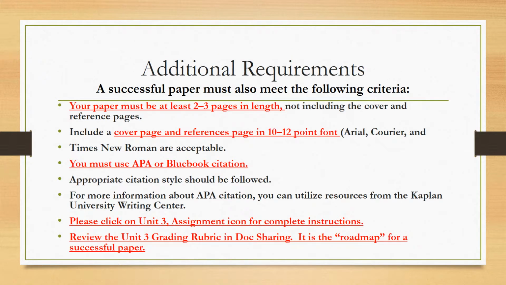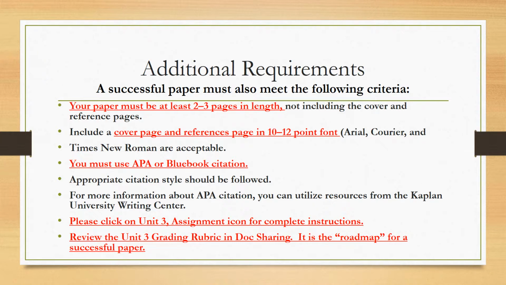A successful paper also has to meet the following criteria, and this is the technical part. It's locating not only just the material, but you want it to be 2 to 3 pages in length. That does not include a cover page and a reference page.